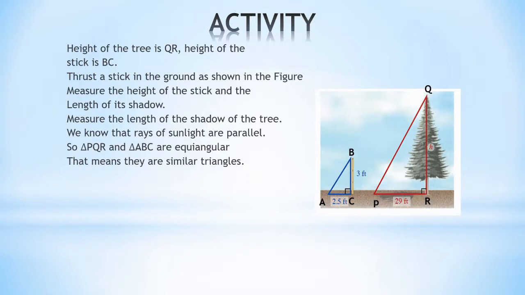That means they are similar triangles. So if their angles are the same, then their sides are in proportion. So we get QR upon BC is equal to PR upon AC.